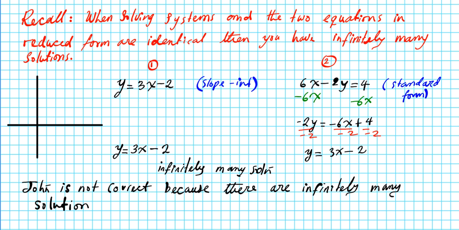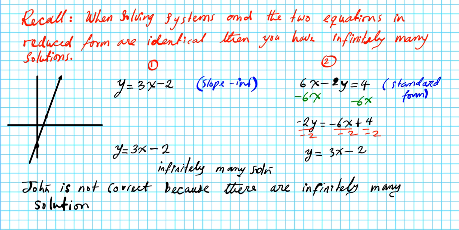The y-intercept is negative 2. So for the first one, you rise 3 and run 1. That's the slope, and your y-intercept is negative 2. So this is the first line right here. And the second line will be graphed on top of the first line.